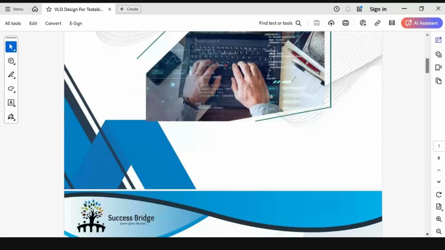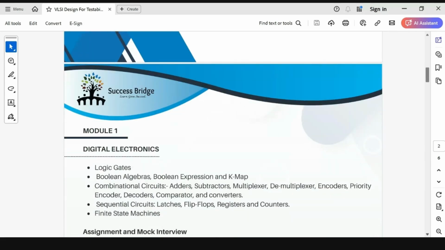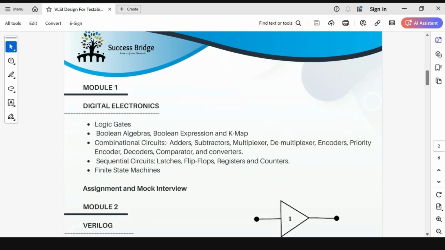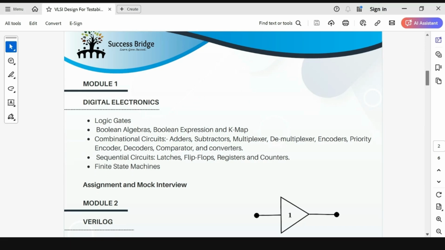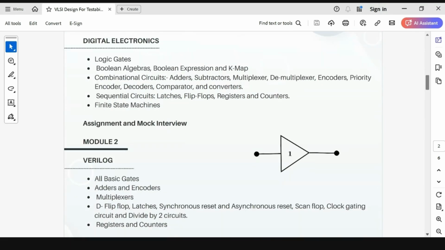So guys, hope you can see my screen, right? So this is about the curriculum. Module 1 will cover digital electronics, which includes logic gates, Boolean algebra, combinational circuits, adders, subtractors, sequential circuits, finite state machines.